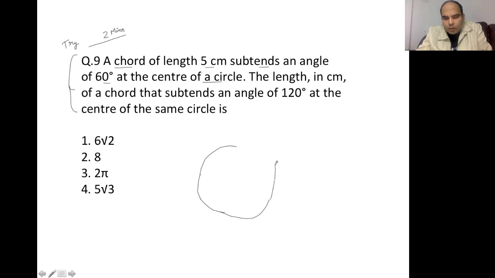We have this circle, the center of the circle is here, and you have this chord which is of length 5 centimeters, and this is subtending an angle of 60 degrees at the center.